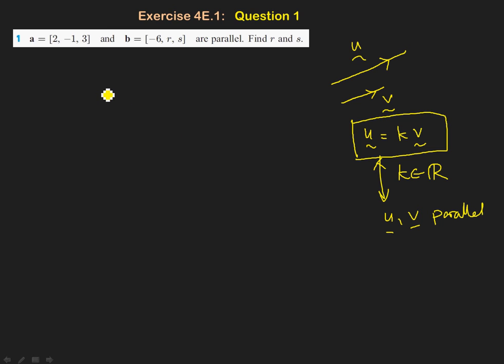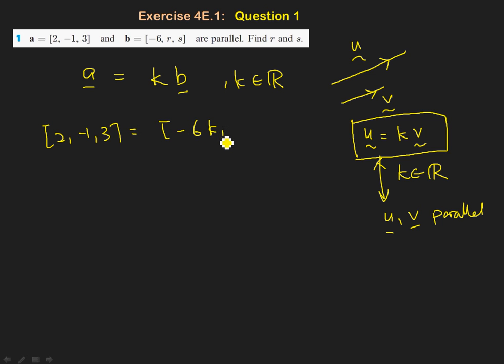And so now we use that idea to start our problem, because our task is to find r and s. It means we can relate AB as follows. There's a k, and k is a scalar. And so (2, -1, 3), I jump ahead here, is (-6k, kr, ks).